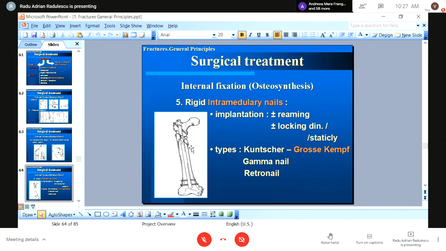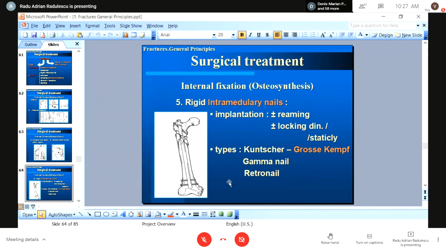You see here on this drawing, the rod has holes through which we introduce special screws which will fix the rods in the distal metaphysis and in the proximal metaphysis in order to preserve the length of the bone and to prevent rotation of the fragments one to another.